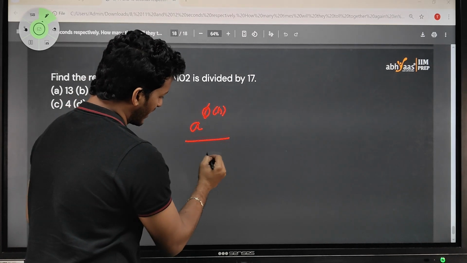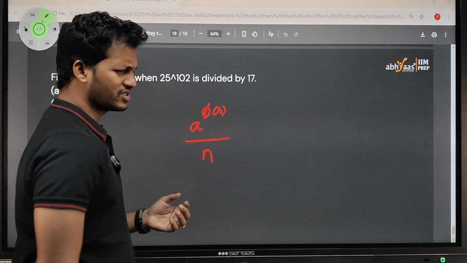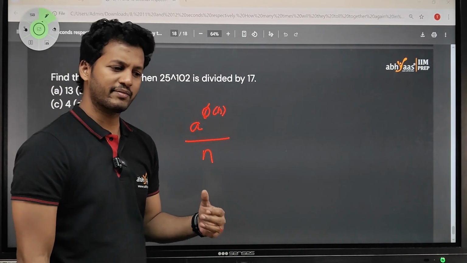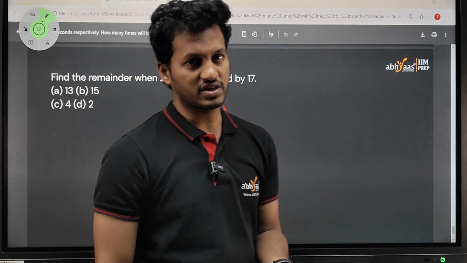When it is divided by a number, it need not be a prime number, it can be any normal number, a composite number also.